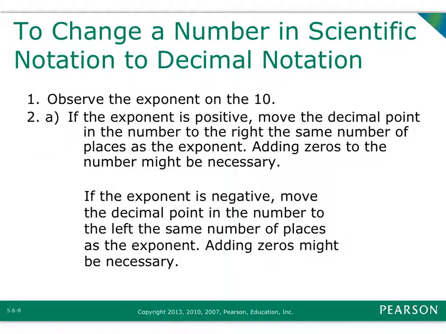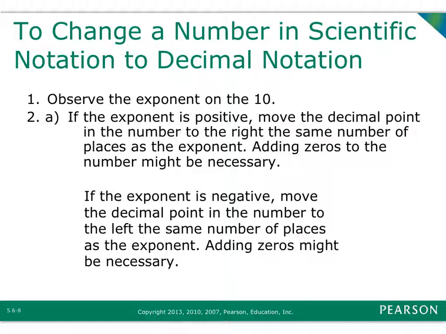To change a number in scientific notation to a decimal notation, we observe the exponent on the power or the base 10. If the exponent is positive, we move the decimal point in the number to the right, the same number of places as the exponent.